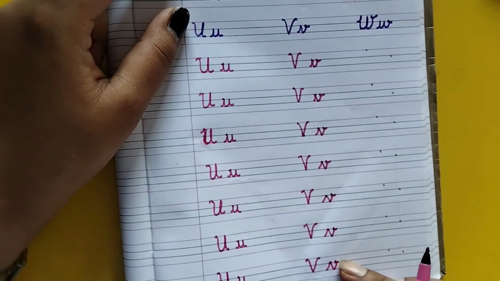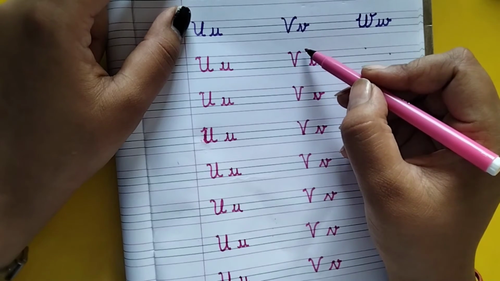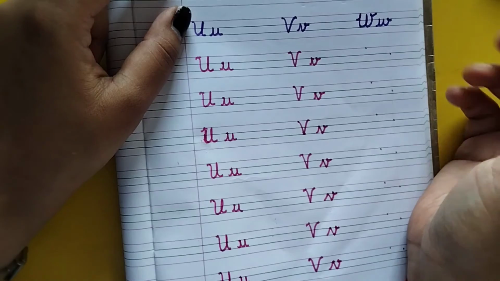Have you understood? You have to come down up to third line and then go up and give the curve shape, and then small v you have to make it in the middle like this. V.